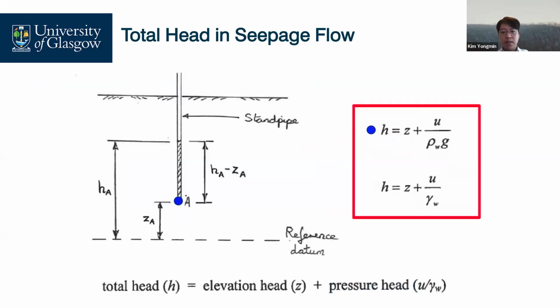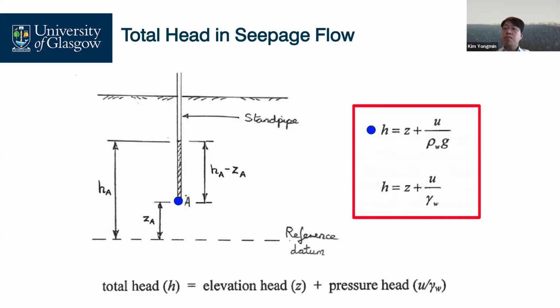Let's take a look at this point A. How do we get total head at point A? Pressure head plus elevation head. Elevation head is more intuitive. How do you get it? We set a datum, then check the distance. For point A, this is the elevation head.